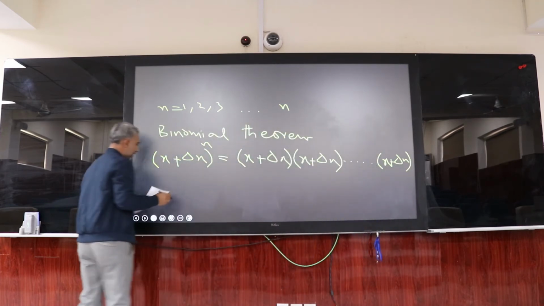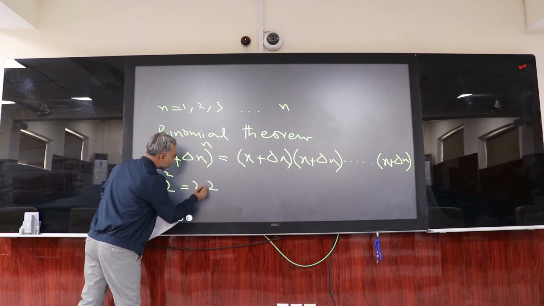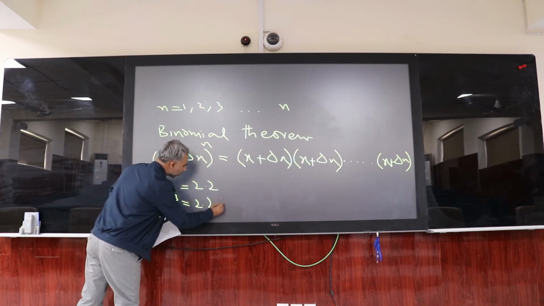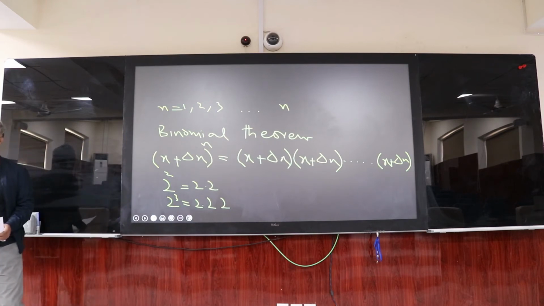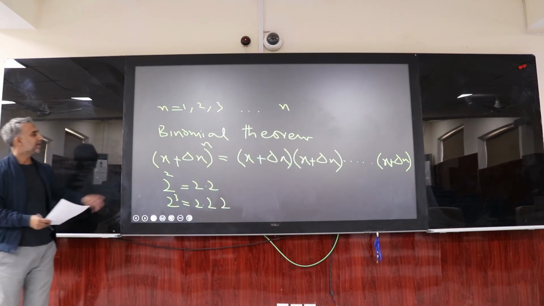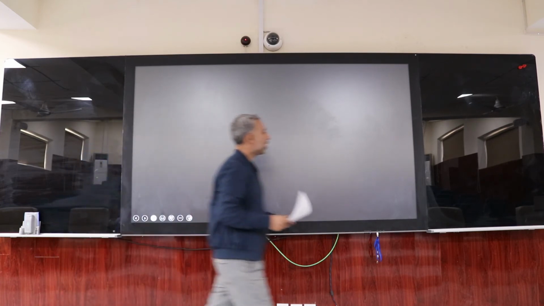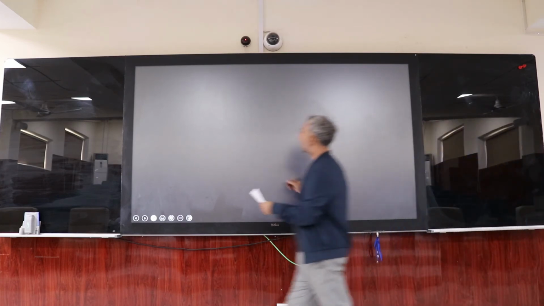For example, if you have 2 squared, you will write 2, 2. Similarly, you will write many 2s. So it is like this.